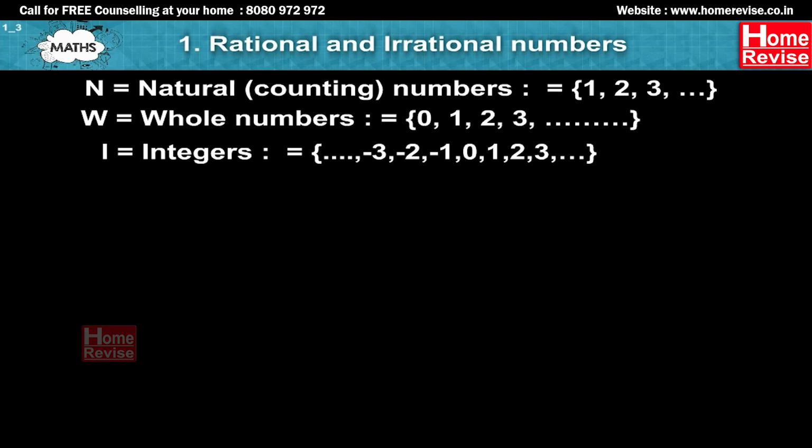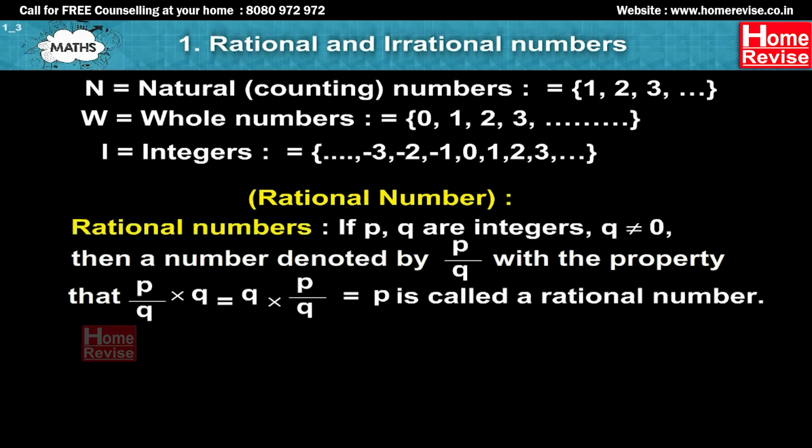Now let us see what are rational numbers. The definition is as follows: if p and q are integers where q is not equal to 0, then a number denoted by p upon q is called a rational number.